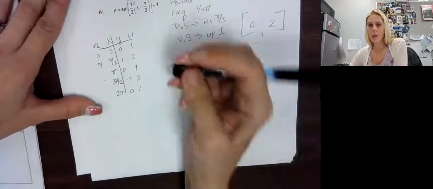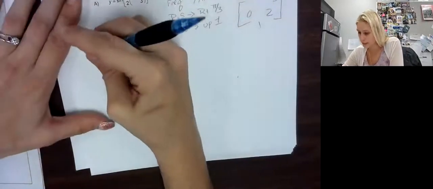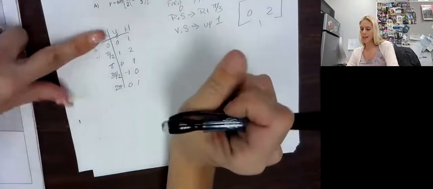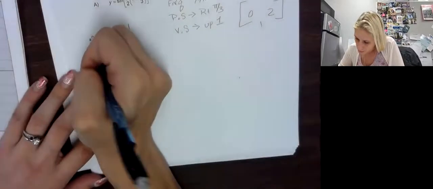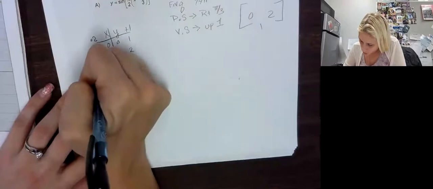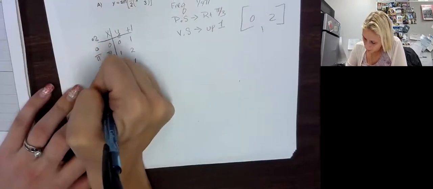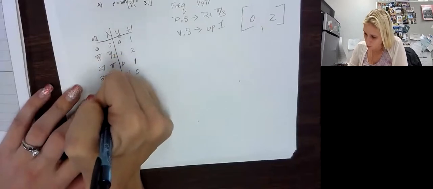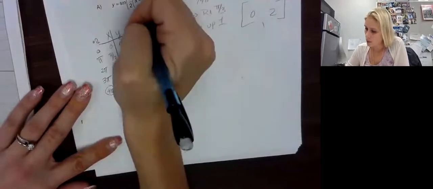Now, how did I know I made that mistake before I started erasing? It's because, remember, the end of this grouping should equal our period. So 0, pi, 2 pi, 3 pi, 4 pi. And what do you know? There is our period.